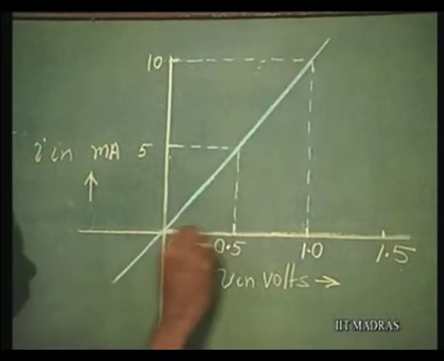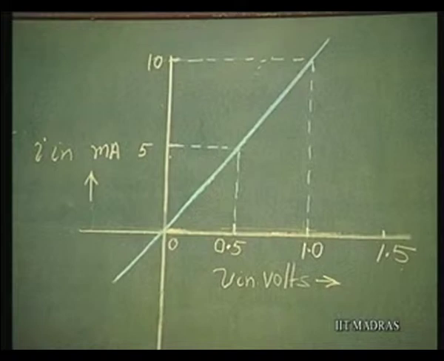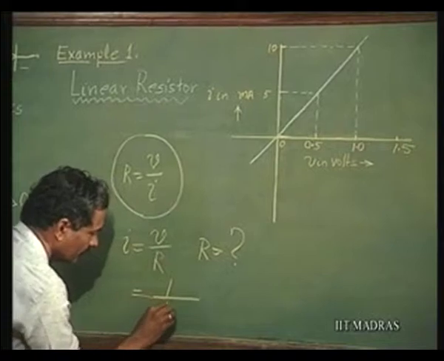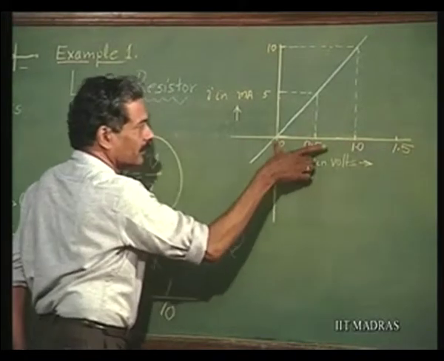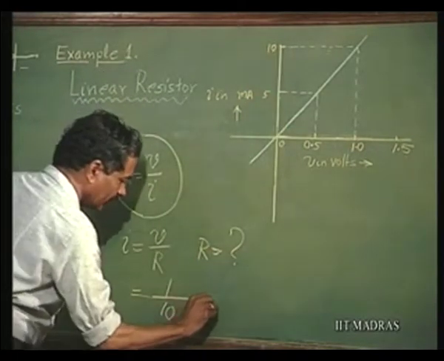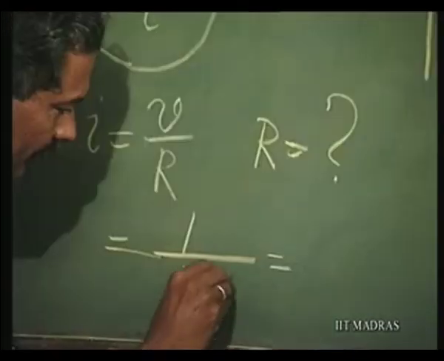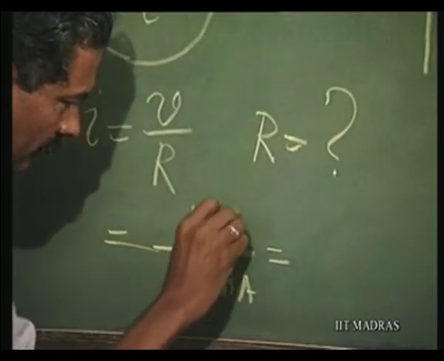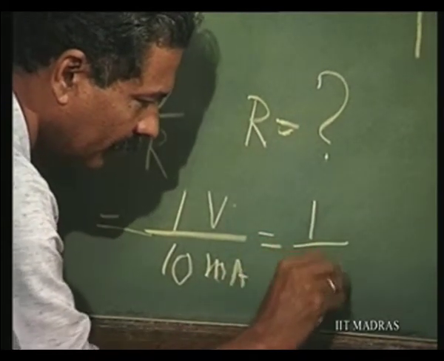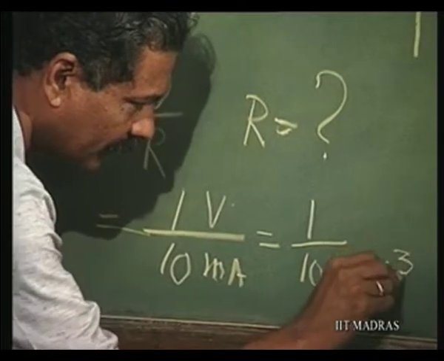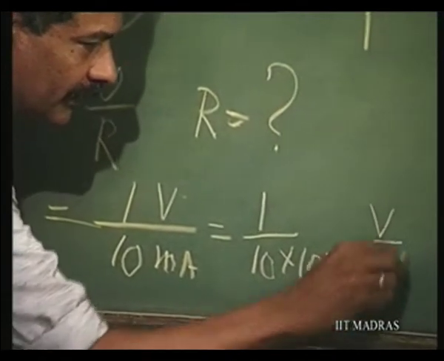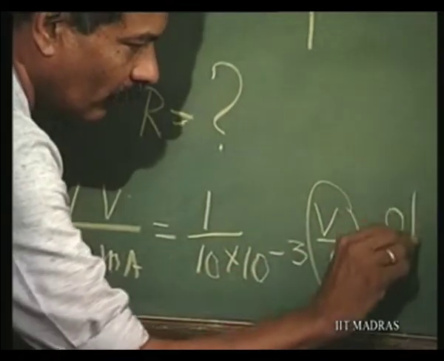Here 1 volt divided by this change, 10 milliamperes, gives you the resistance: 1 volt by 10 milliamperes, which will be nothing but 1 divided by 10 into 10 to power minus 3 volts divided by amperes, which is called ohms.